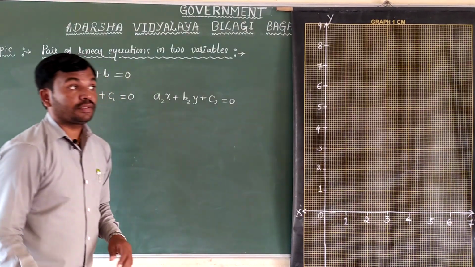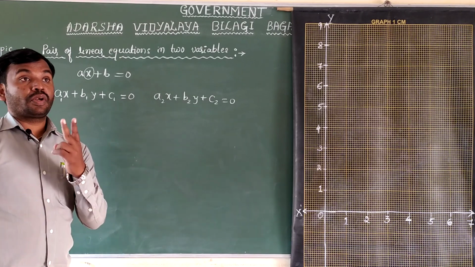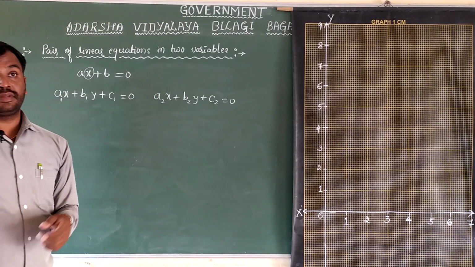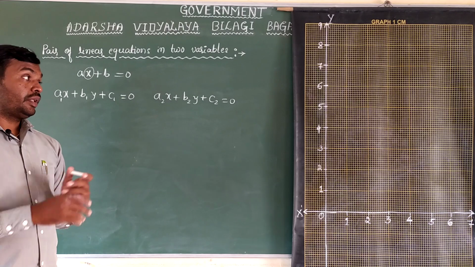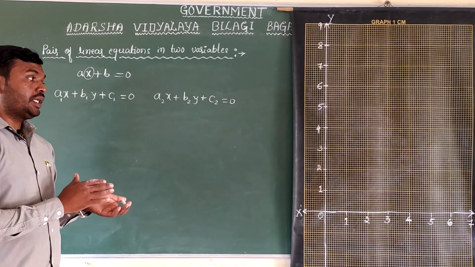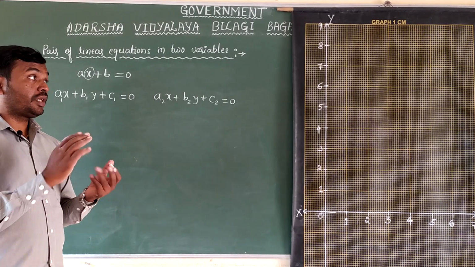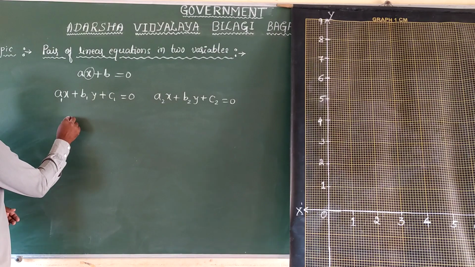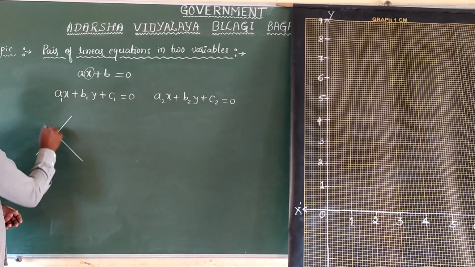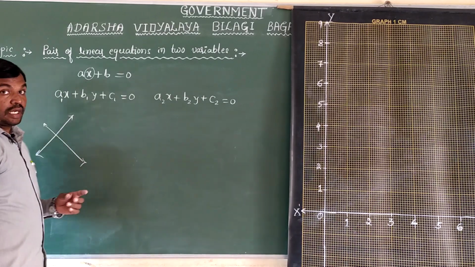When we solve the pair of linear equations in two variables, it means we are going to get two lines on a graph. Whether the two lines intersect each other or not, whether the two lines are parallel to each other or not, whether the two lines coincide with each other. If two lines intersect each other, children, it means what?